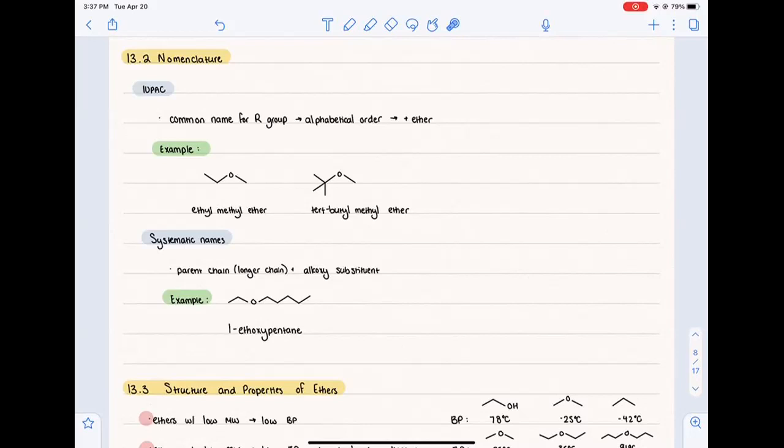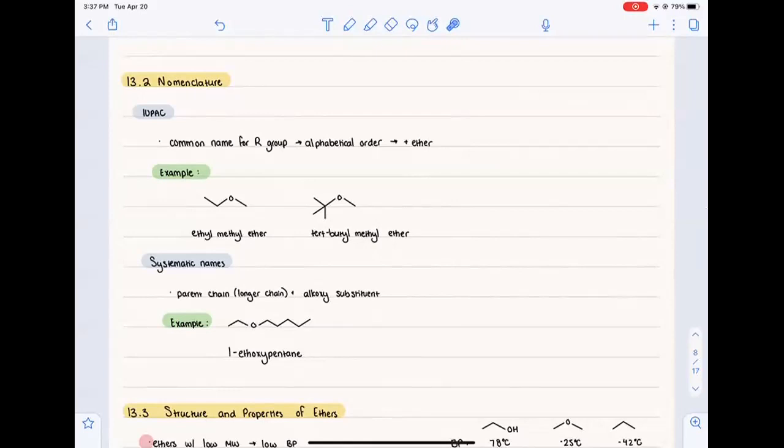I don't know. The IUPAC naming for ethers is weird in my opinion. I feel like the systematic name makes a lot more sense.